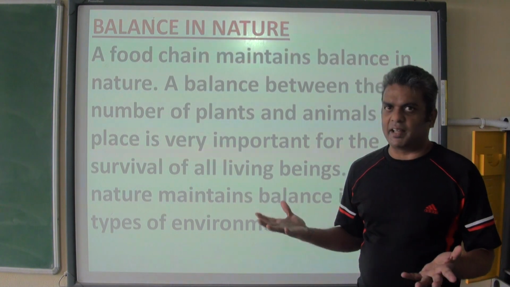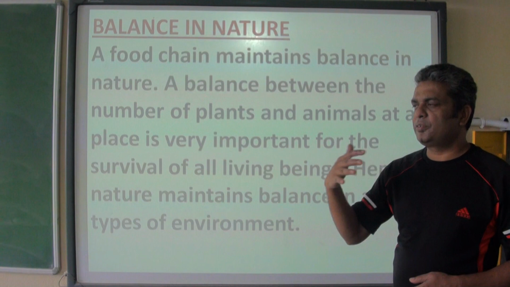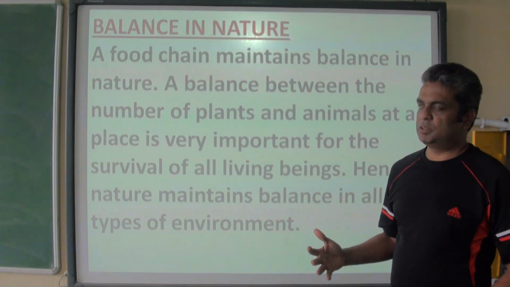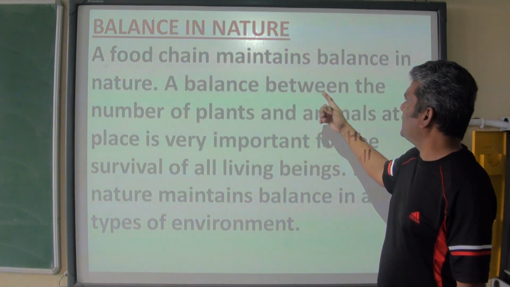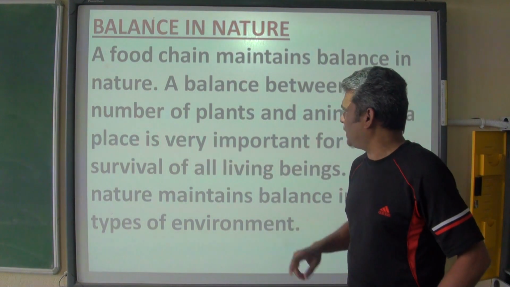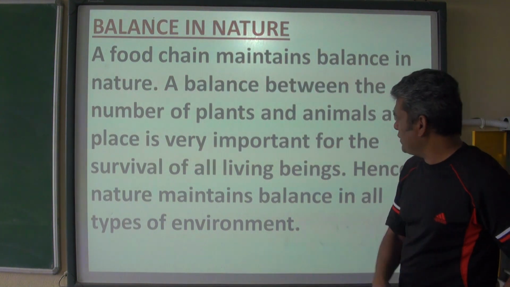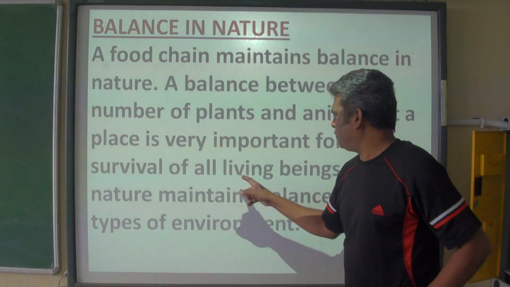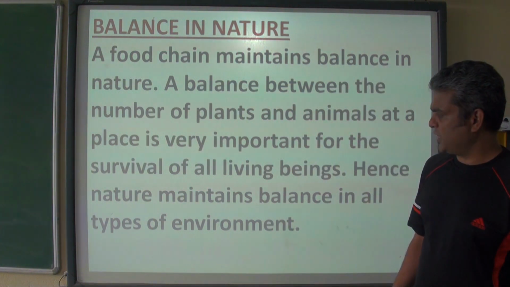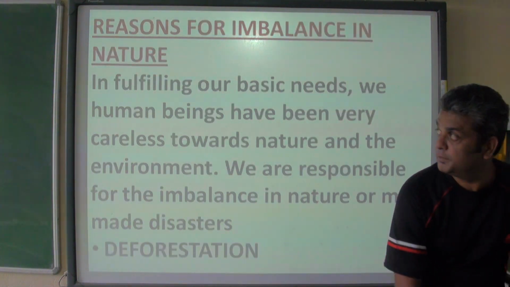So to balance that, we need both carnivorous as well as herbivorous animals. A food chain maintains balance in nature. A balance between the number of plants and animals at a place is very important for the survival of all living beings. Hence, nature maintains balance in all types of environment.